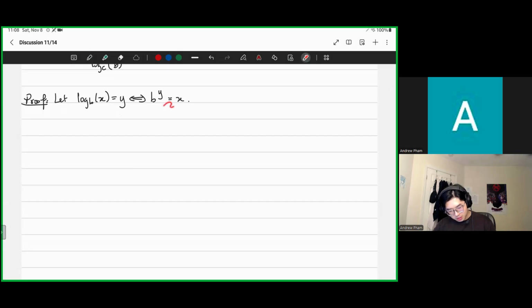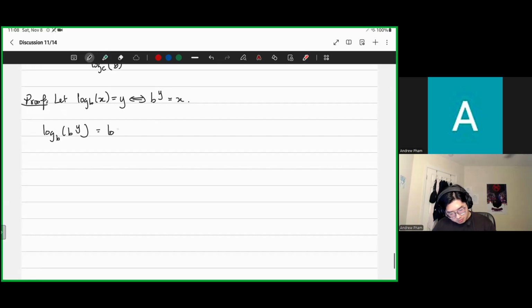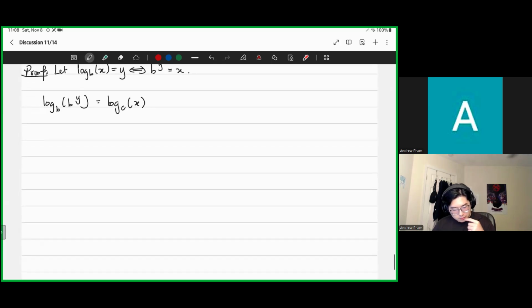If I take the log base c of the exponential form of this definition, I get logarithm base c of b to the y is equal to logarithm base c of x, as so. I'm taking the logarithm base c of both sides, so they must match.